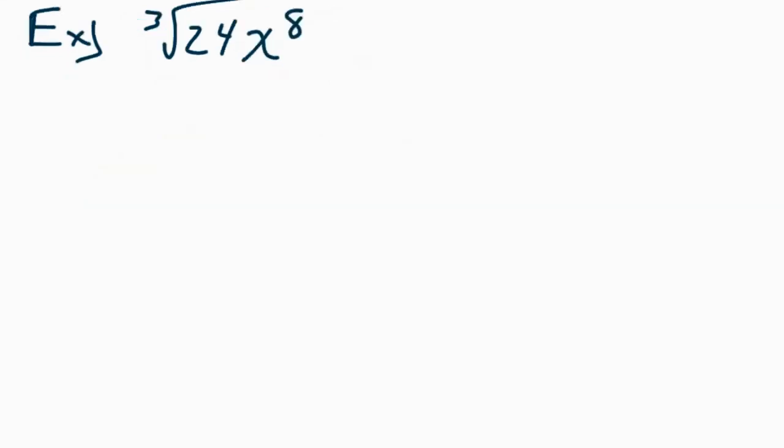Now, if you would like, you can try this problem on your own, or if you want to wait, I will explain it. This problem, the cube root of 24x to the 8, has a little discussion on taking out even roots that are inside of this third root.